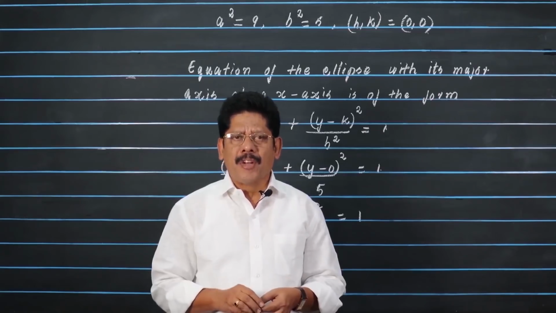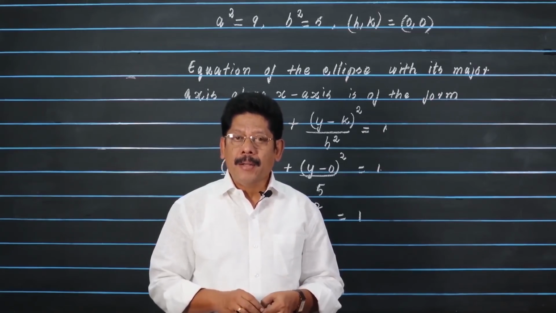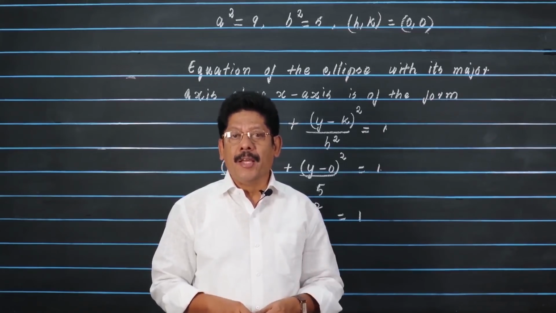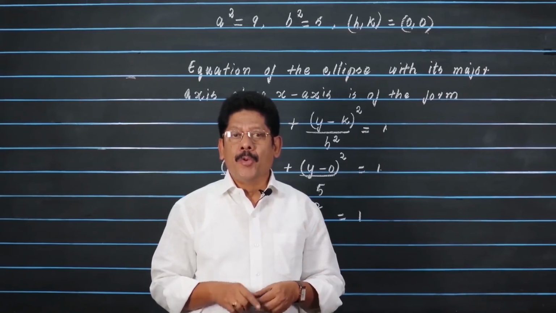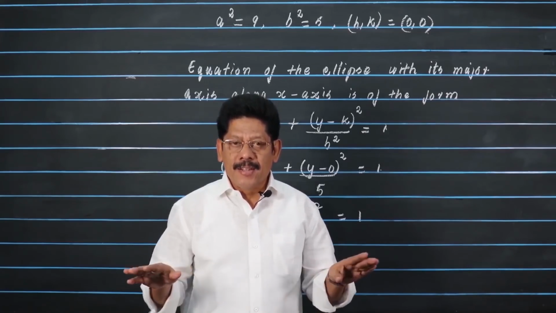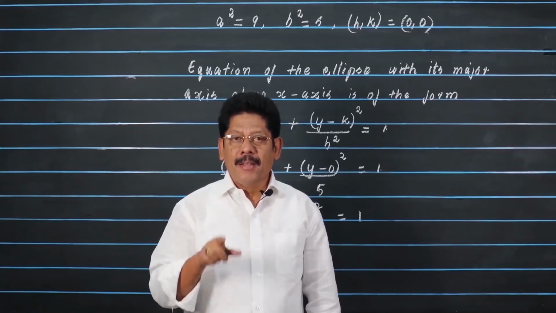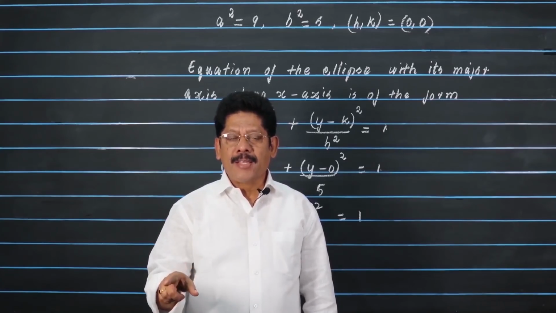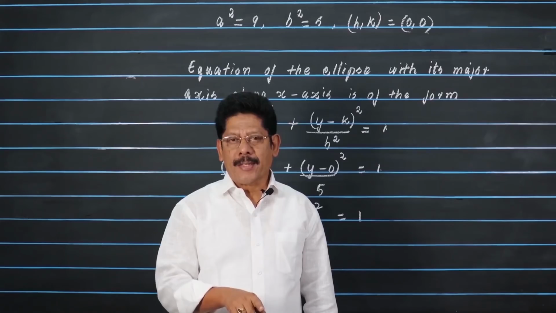Maybe the consumption of time will be more, but plotting graphically will enable you to establish the correct result in determining whether the major axis is along x-axis or y-axis.